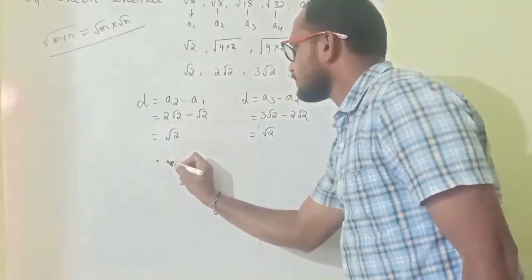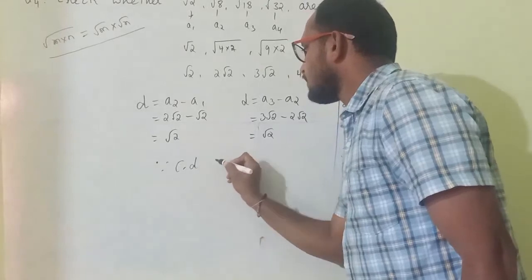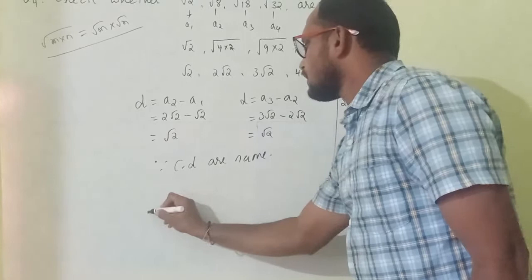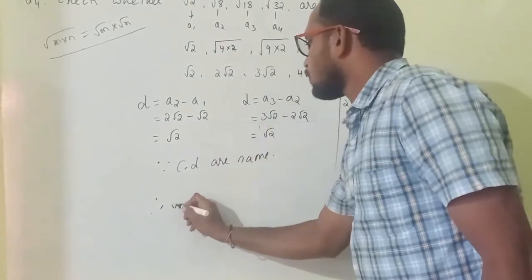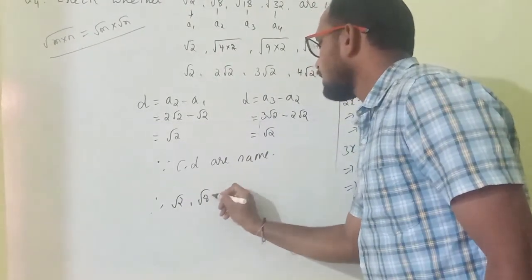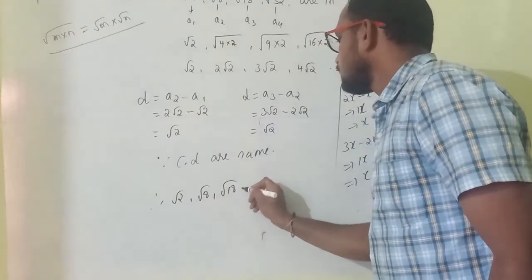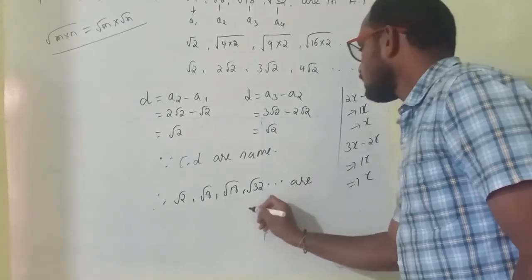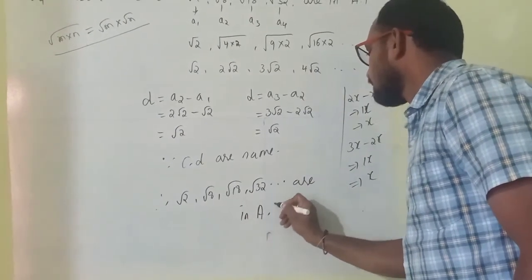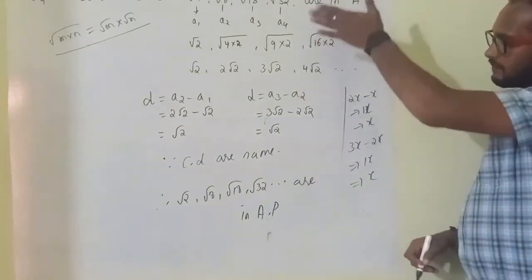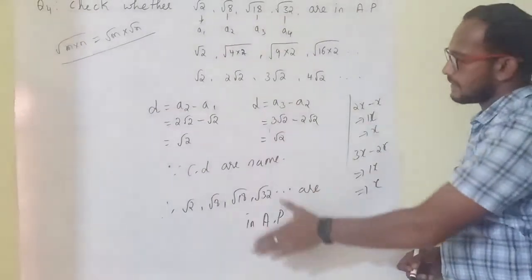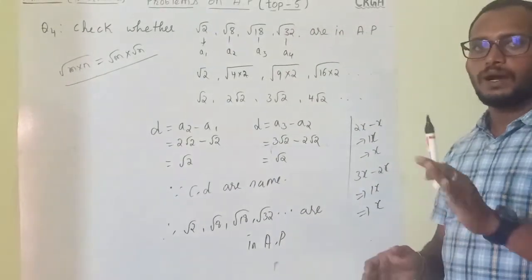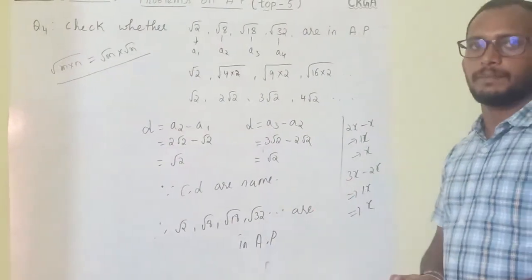So the common differences are the same. Therefore, we can say root 2, root 8, root 18, root 32, etc. are in AP. Look at the way I have presented it, in the same manner and the same pattern. You have to present it as the answer in the paper.